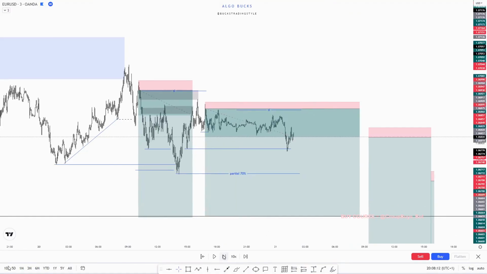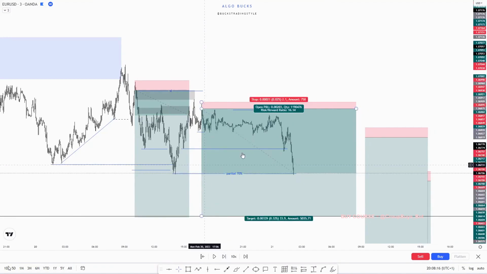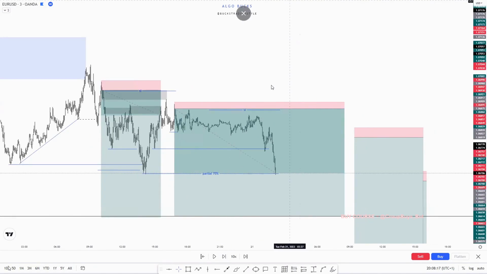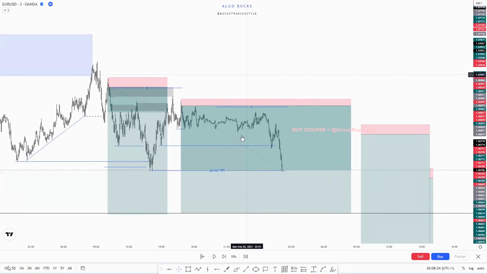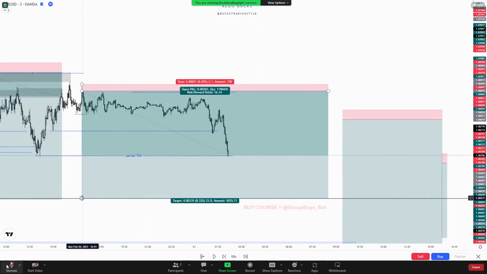Let's see. Good. At this point, price can easily take out this liquidity right here and then go back up. So let's see what price did. At this point, I've taken out 80% of my trade, then I'll let the remaining run to take profit.